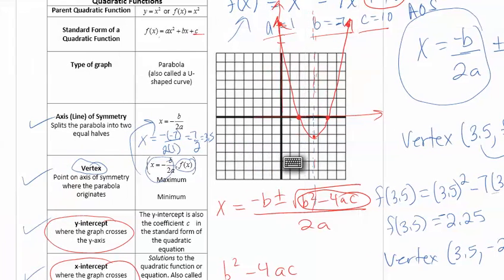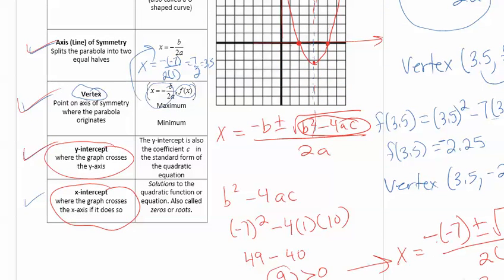So let's look at what we had to know. We needed to know the axis of symmetry, we needed to know the vertex, we needed to know the y-intercept, we needed to know the x-intercept. Okay, and so for the axis of symmetry, we use x equals negative b over 2a. And for the vertex, we took what we found for the axis of symmetry and plugged it into the formula f of x.